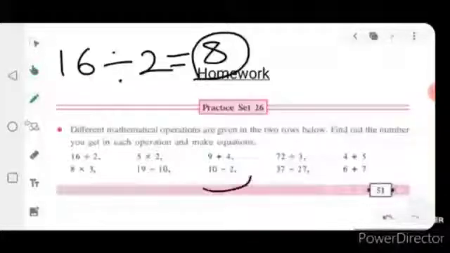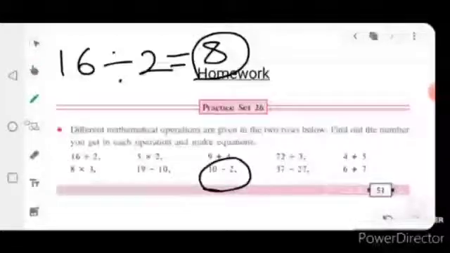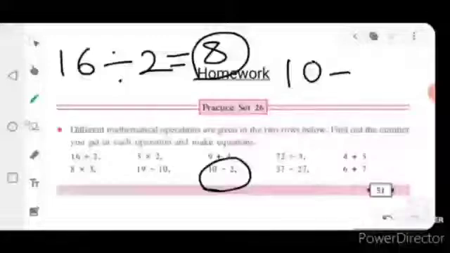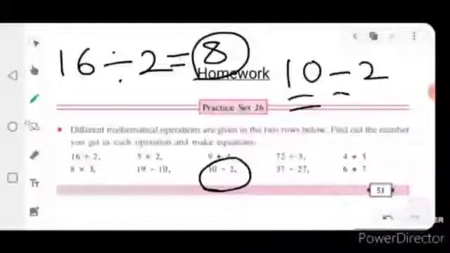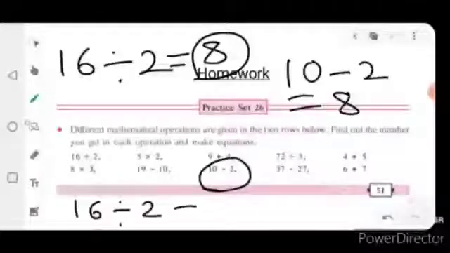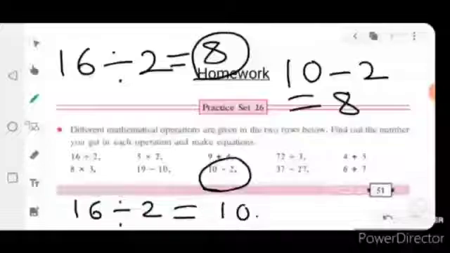So this one is your answer. We can write this equation as 16 divided by 2 is equal to 10 minus 2. So solve all these problems.